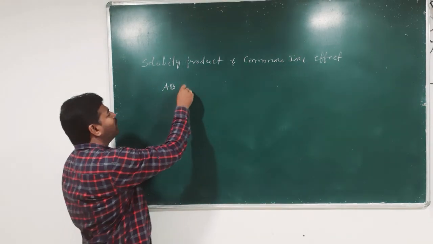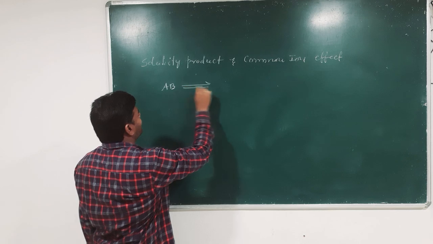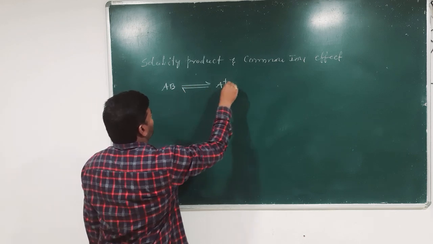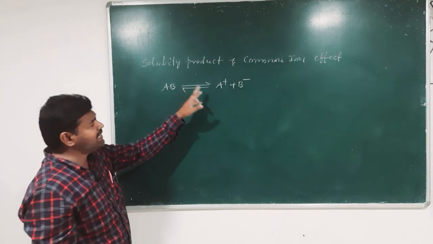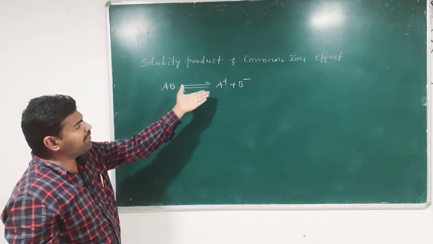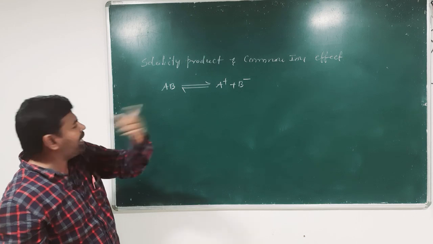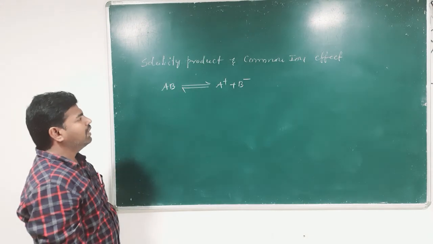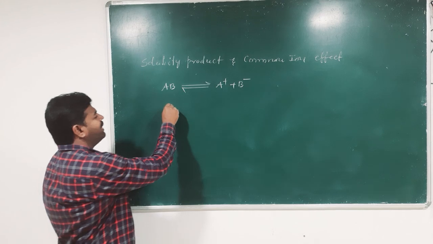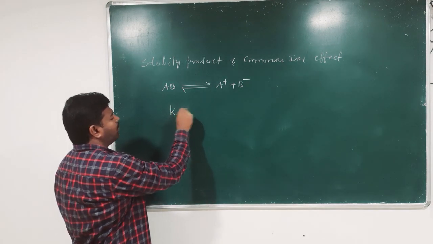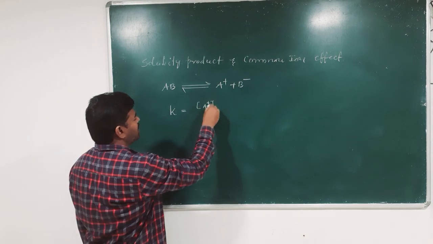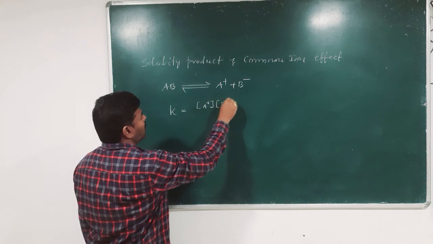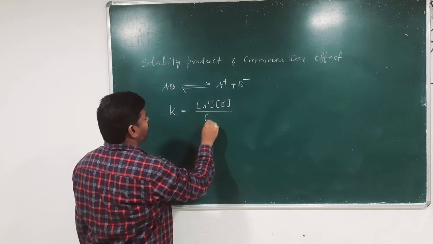The weak electrolyte dissociates as A plus and B minus, and there is an equilibrium between ionized ions and unionized weak electrolyte. So, we can write the ionic equilibrium constant, that is, concentration of A plus and B minus, the products, divided by the concentration of reactants, AB.